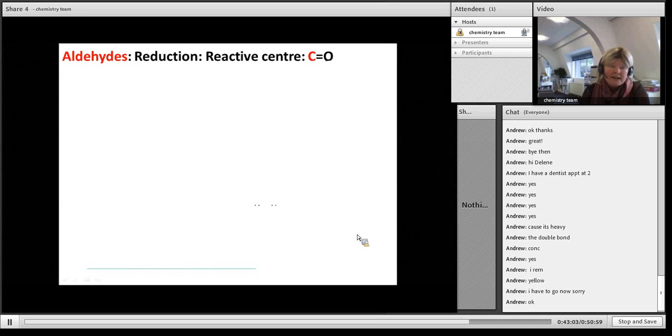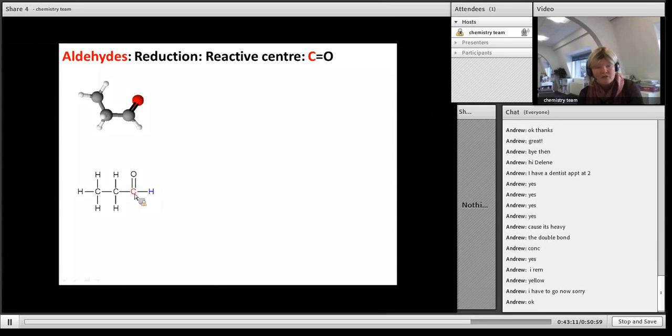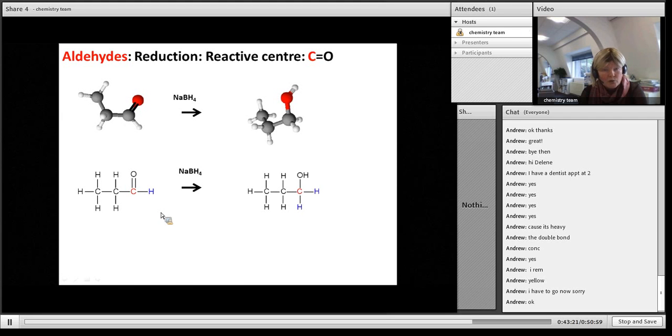Right, aldehydes can also be reduced. So there's my reactive center, the red carbon of that carbonyl group. And just like I could remove an H, I can add an H to form the alcohol again. And what we use here is sodium borohydride. It's a reducing agent.